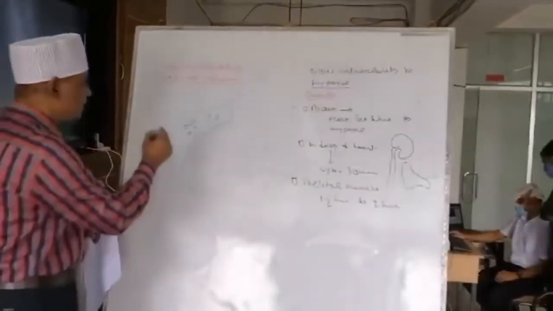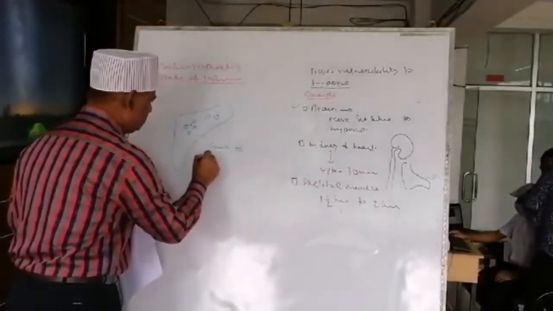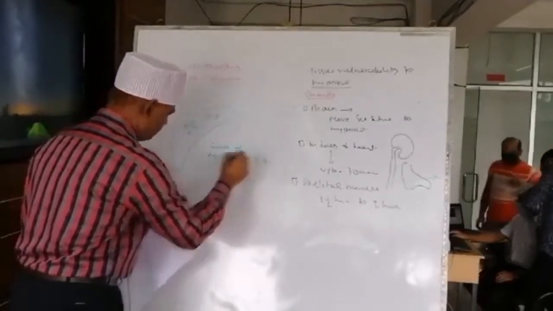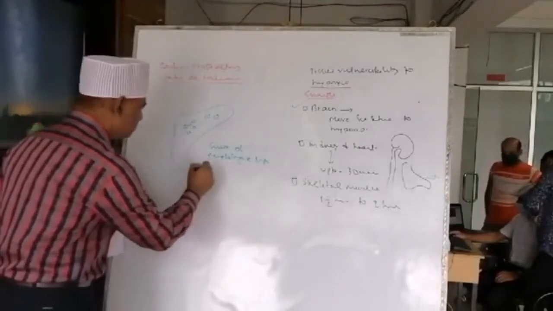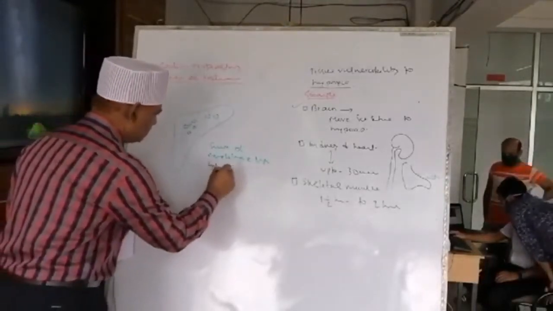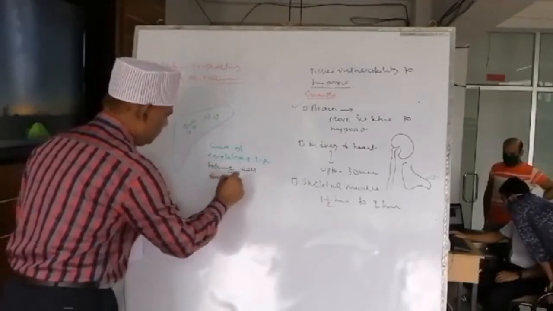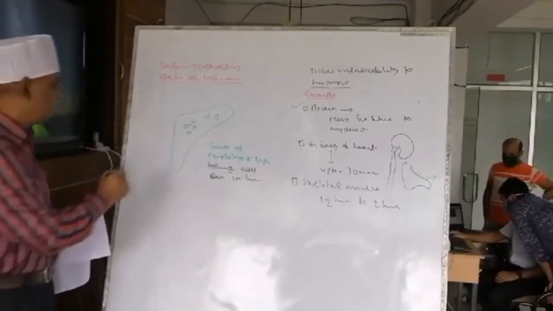So, necrosis is the sum of morphologic changes following cell death in living tissue. Again, the tissue is living.